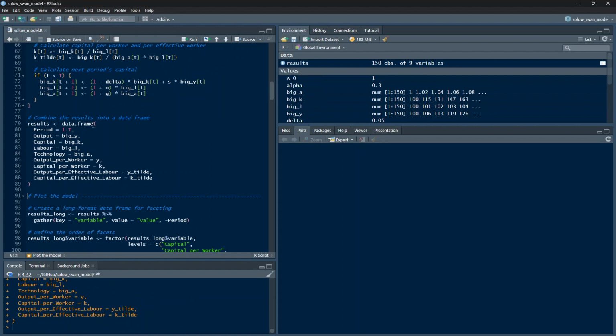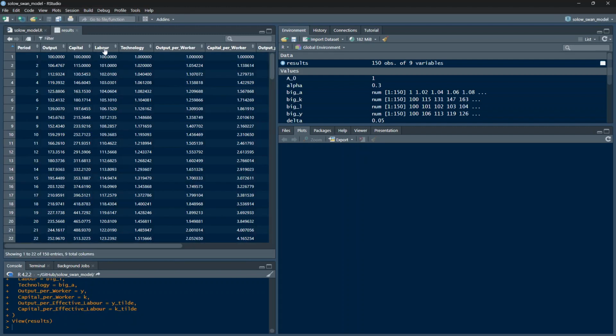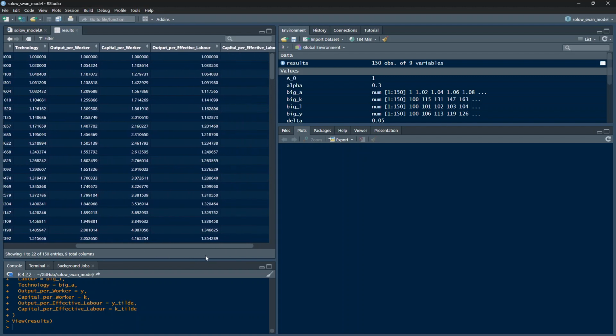So here I just combine them in the table, and then I've given some more intuitive labels to each of the variables. If I click on this, we can have a look exactly what our table looks like. Here we have the period 1 to 150, output starting at level 100, capital starting at level 100, growing over time, labor, technology, output per worker, etc., etc.